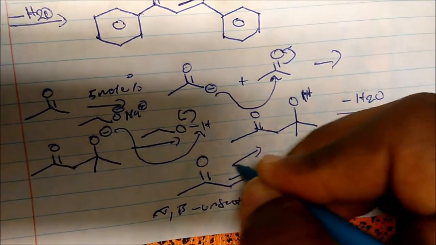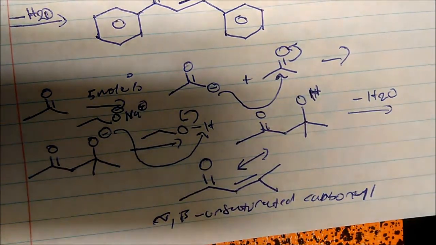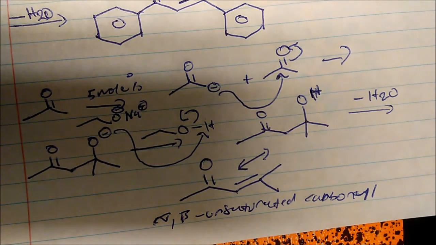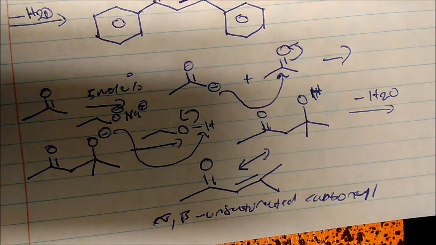Again, these two are pretty much the products. Now your professor might prefer one over the other, but these reactions will actually go, and it's nothing hard. You could definitely see the pattern here.